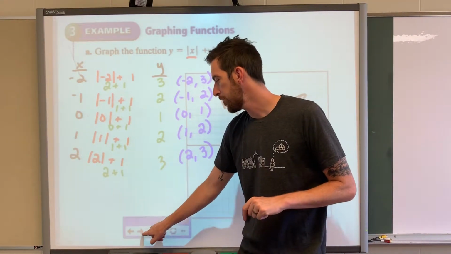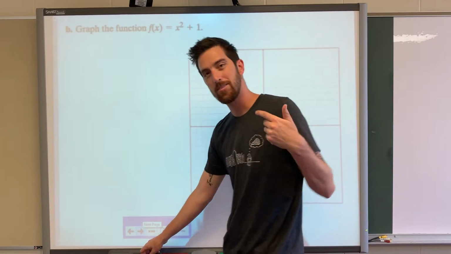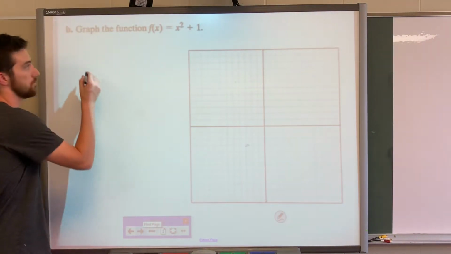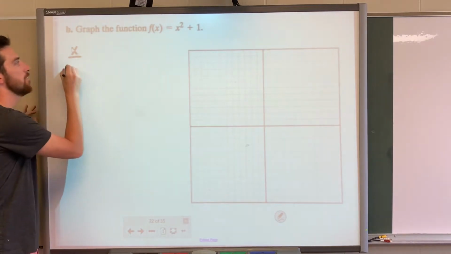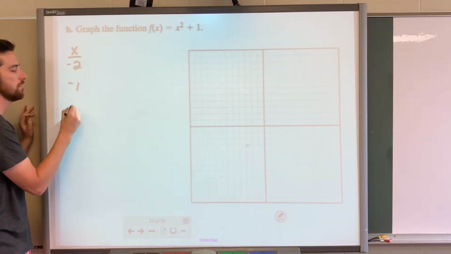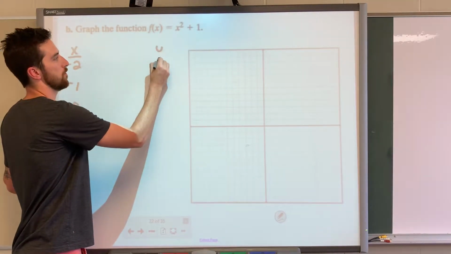Now we're going to try one with the x squared. I'm going to pick the same values. This is called an exponential graph. It's got an exponent in it. -2, -1, 0, 1, 2. We're going to solve it, and we will get coordinates.